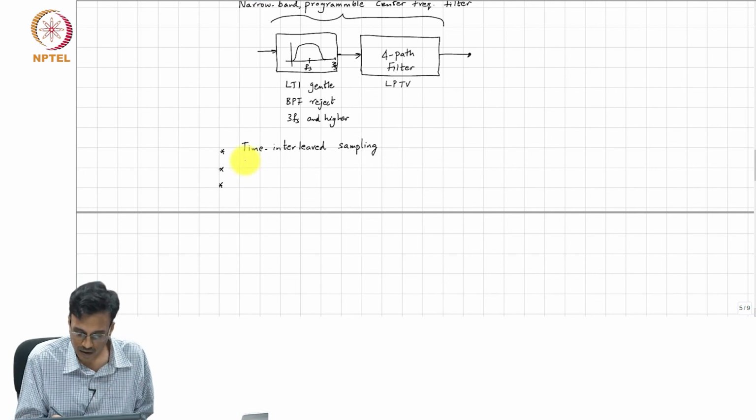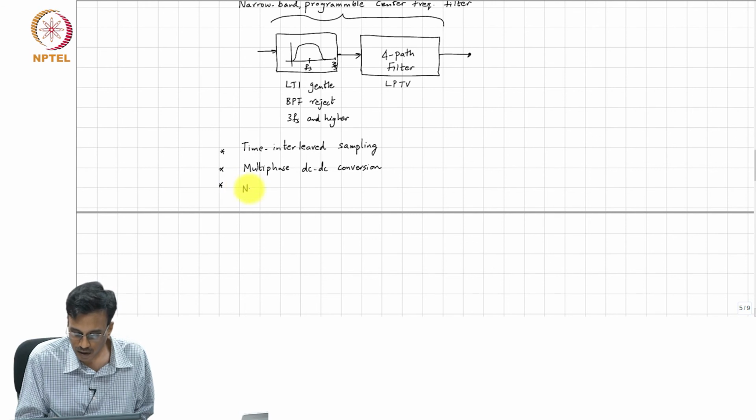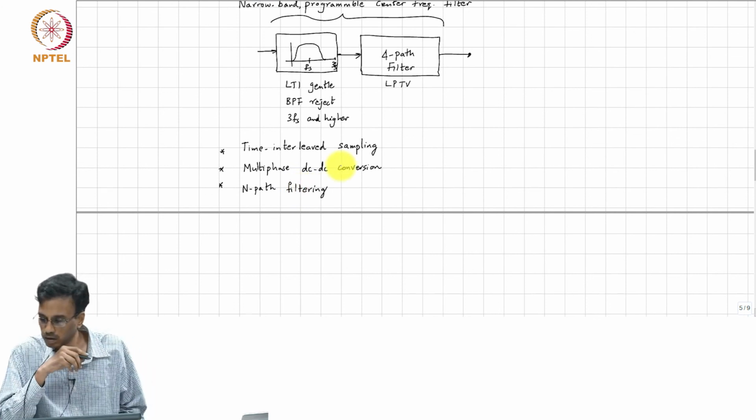The second we saw was multi-phase DC-DC conversion. Third is n-path filtering. Okay.